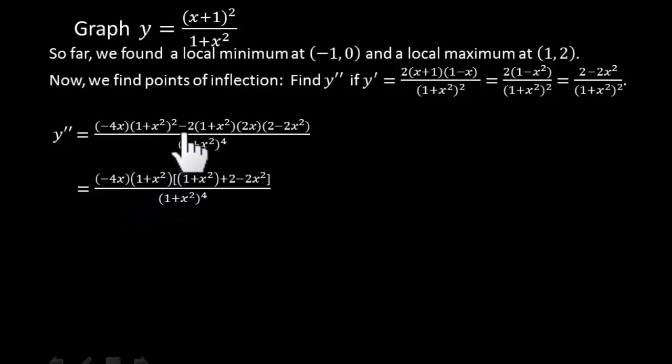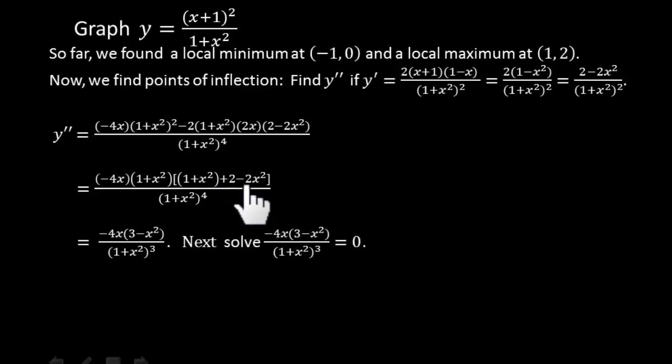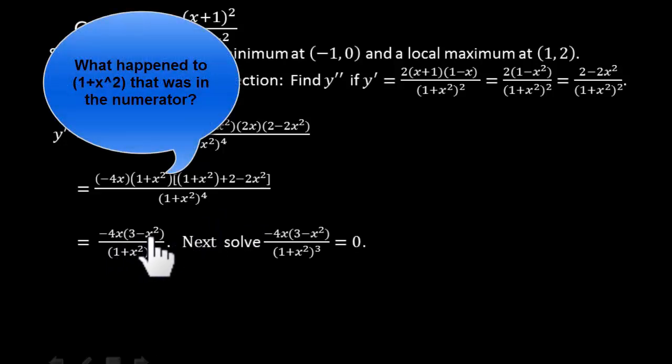So what's left inside would just be one of the factors of 1 plus x squared. So you get 1 plus x squared plus this remains in here. This was not factored out. And if you rearrange all that, you'll have 1 plus 2 is 3, and then you have x minus x squared minus 2x squared. That gives you 3 minus x squared. So you've got 4x times 3 minus x squared.